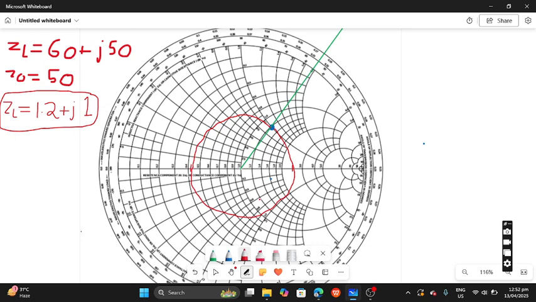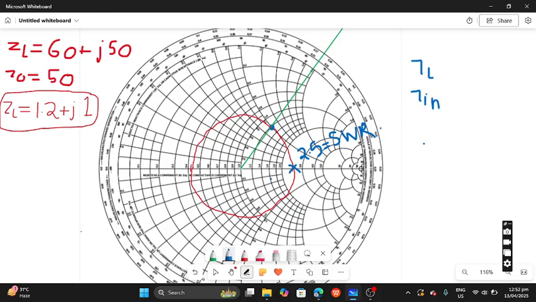Now we have to locate the value of R, the standing wave ratio. This is the value of R, and it is 2.5. R equals 2.5, the standing wave ratio value. Now we have to find rho L and rho in.